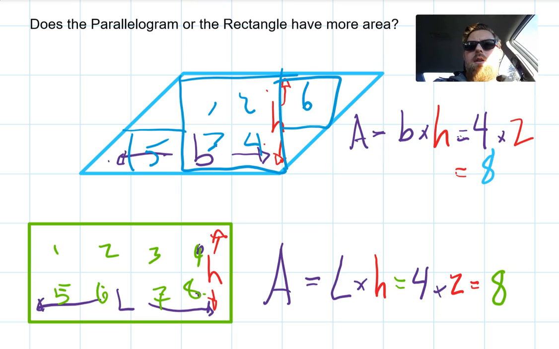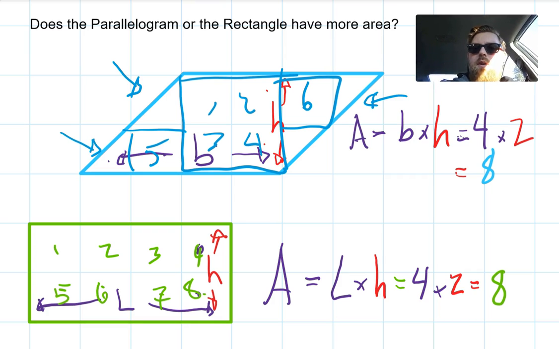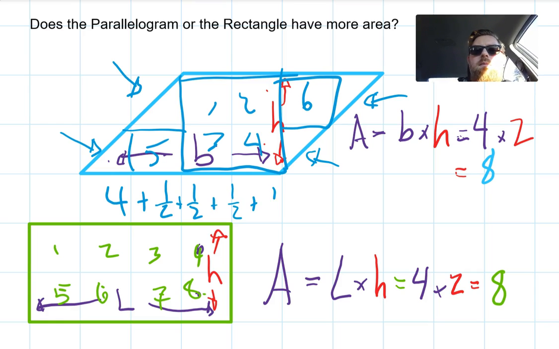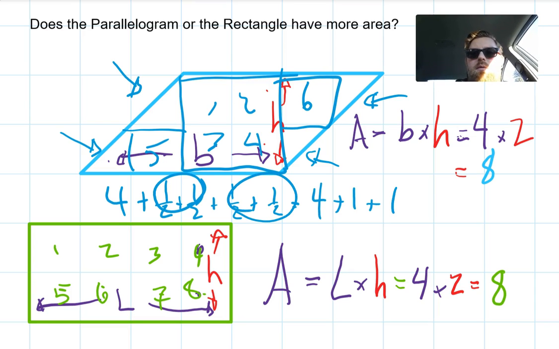Now, if we're looking at these other squares on the side, or triangles, sorry, they are all half of a square, right? So I have 4 halves. Now, you can imagine, well, so I have 6 already, I'm adding 4 halves, which is going to be the same as 1 plus 1.